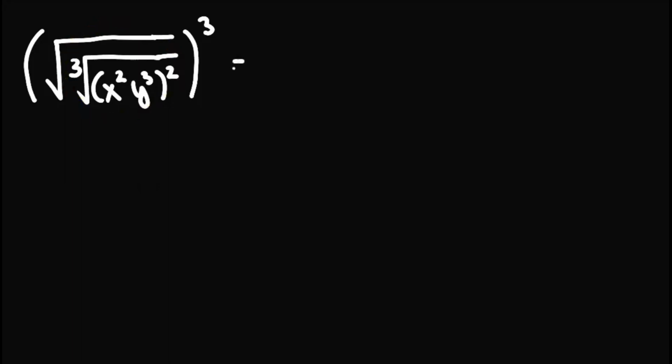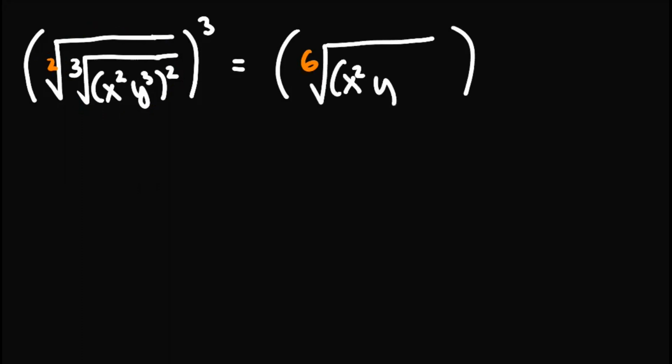So this one can be written as the quantity, we have here 2 out here, so 2 times 3 is 6. So the 6th root of x squared y cubed squared raised to 3. Now we can apply the laws of exponents out here, but I'll try to incorporate the laws of radicals instead.